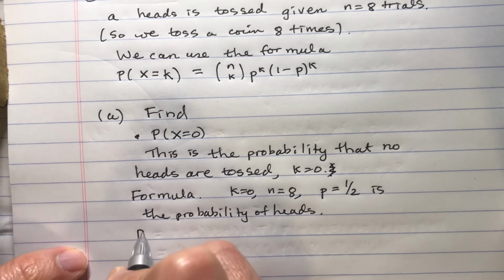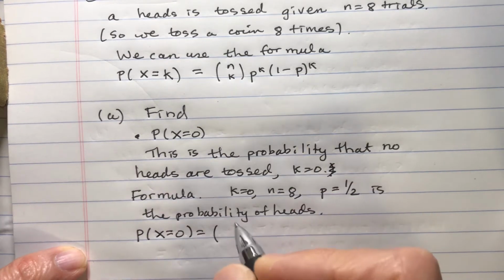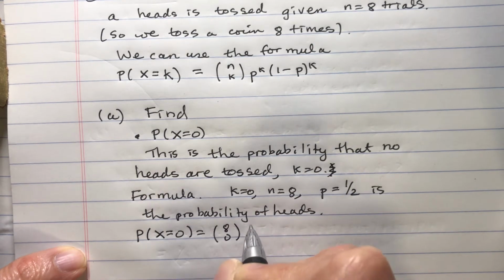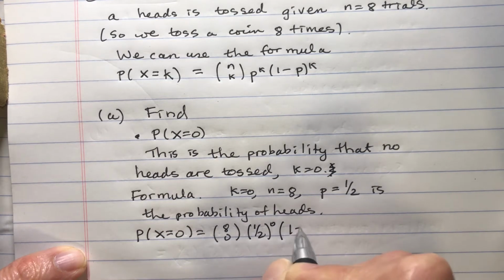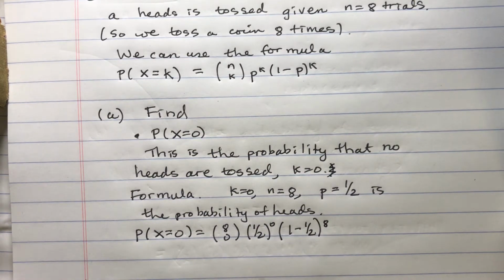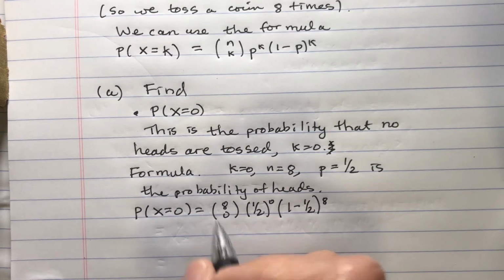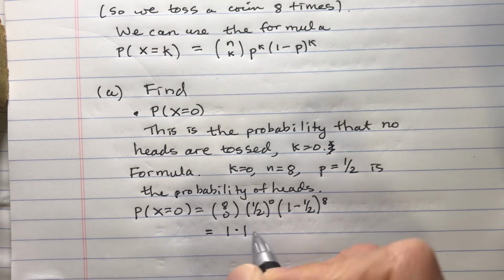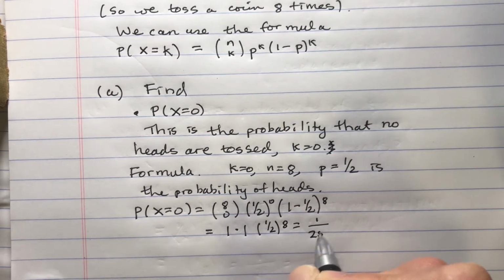So the probability of x equals 0 is n choose k, which is 8 choose 0, times 1/2 to the k power, which is 0, times 1 minus 1/2 to the 8th power. We can use a calculator to evaluate each of these terms. 8 choose 0 is 1, 1/2 to the 0 power is 1, and 1/2 to the 8th power is 1 over 256.